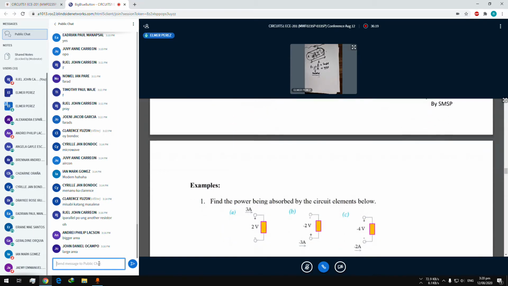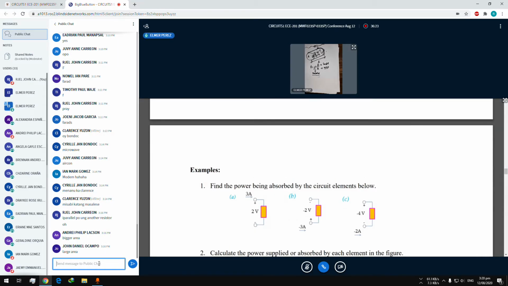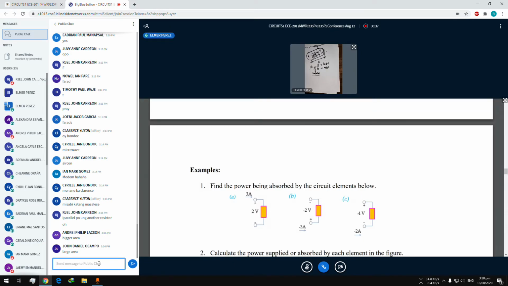Okay, so let's have some examples. Example number 1. Find the power being absorbed by the electric elements below. Letter A. Let's have a poll.